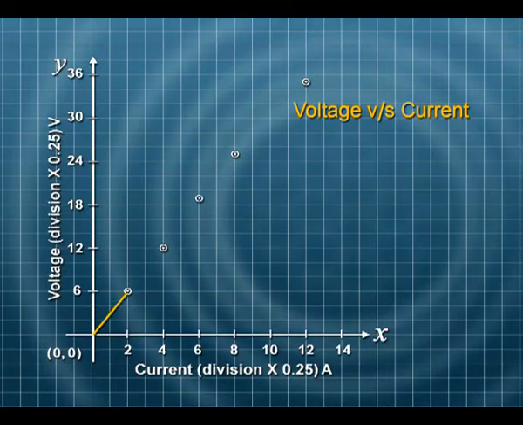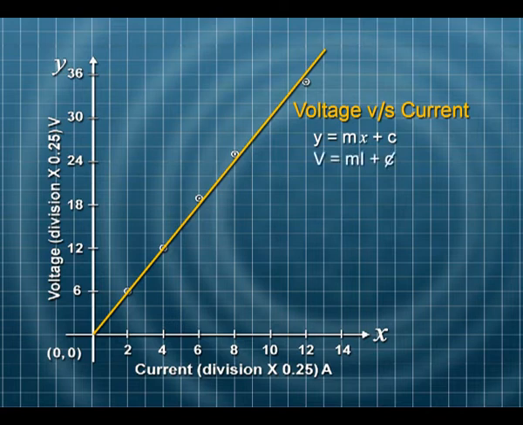So, if we draw this, this is a straight line, and we can say that for y and x, the relationship between them is y = mx + c. In our case, the y axis is voltage, this is equal to m, and on x we have current, and our value for c is not there, there is no intercept.